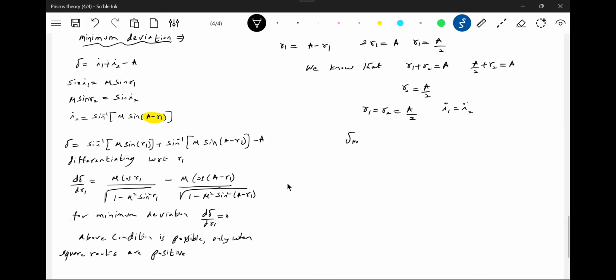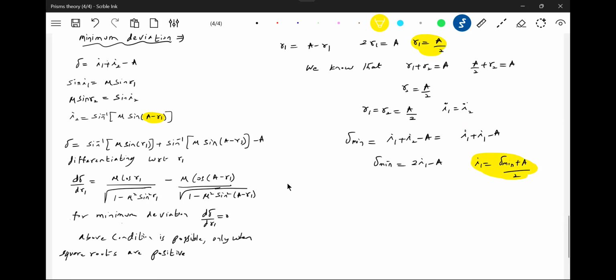We know that for minimum deviation I1 equal to I2. Deviation is I1 plus I2 minus A. So this will be I1 plus I1 minus A. So minimum deviation equal to 2I1 minus A. What is I1 equal to? Delta minimum plus A by 2. R1 we already wrote as A by 2. So let me take help of these two ideas.